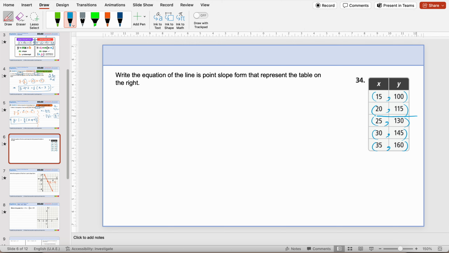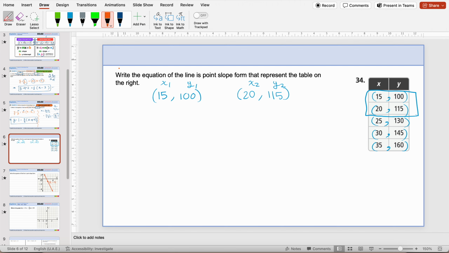Select any 2 points. I'm going to choose the first 2. Write them down. The first point is 15, 100. How did I know? They said it in the table. This is x, this is y, then it's a point. And the second point is 20, 115. Also x, y. I will call this point 1 and this point 2.